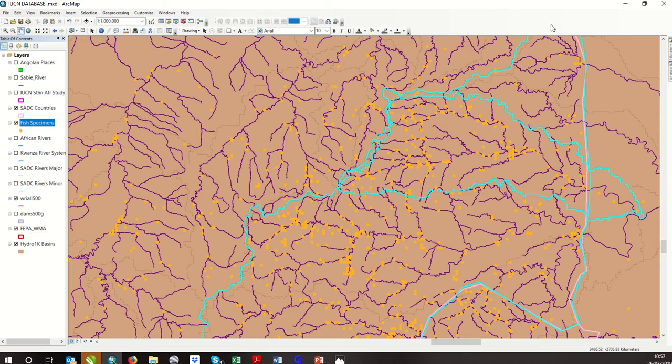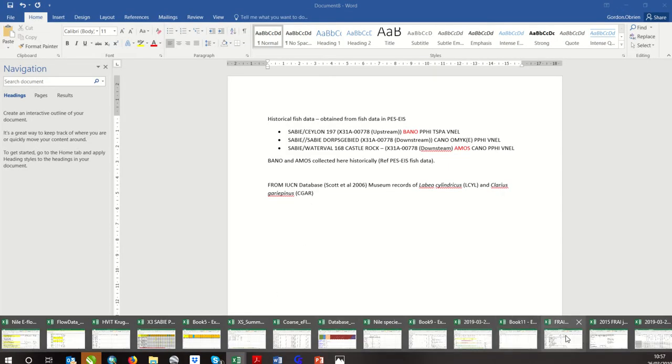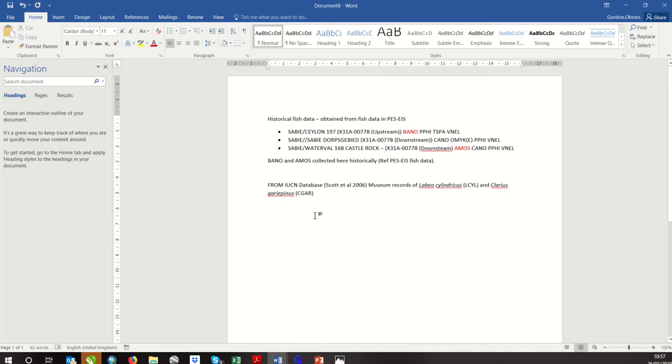All right, so now we know what to expect in your study area. So I'm going to go back now to my FRAI sheet, and this is my FRAI assessment. And now I know what I expect to find, so based on this data, my expected species distribution and frequency of occurrence is, and I'm going to list what they've collected here now.